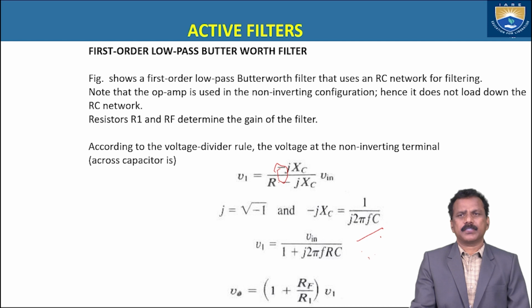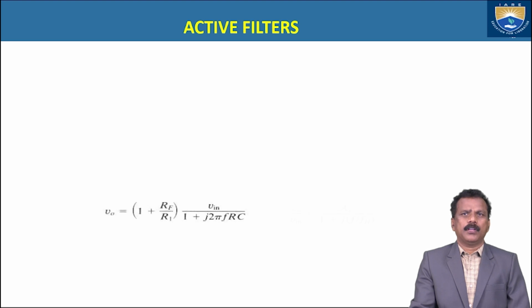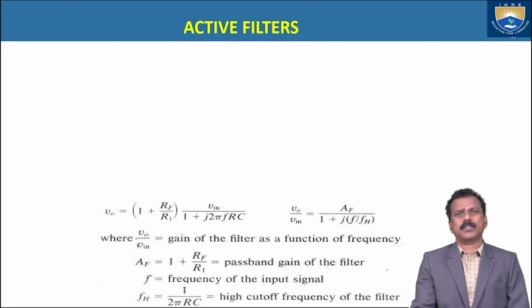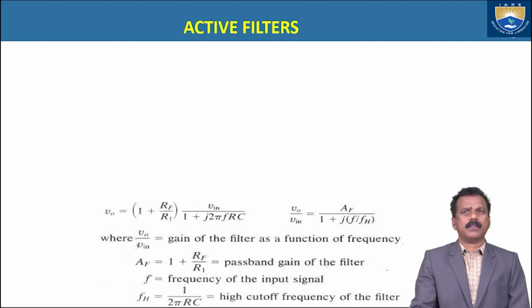The output voltage is equal to 1 plus RF by R1, the feedback resistor over the input resistor, into V1. So we can interpret that the output voltage is equal to 1 plus RF by R1 into Vin by 1 plus j2 pi FRC.